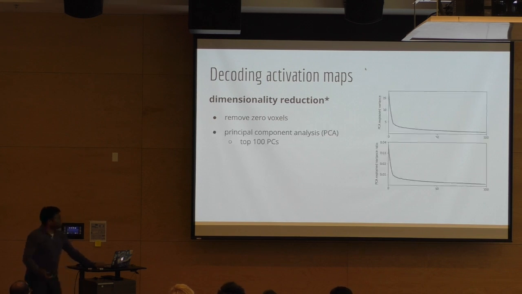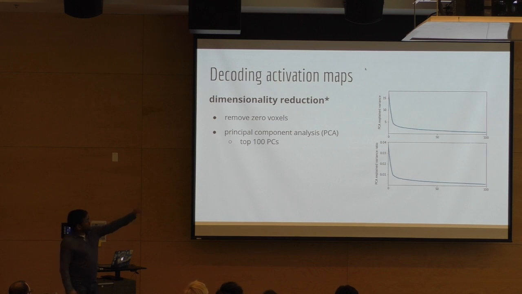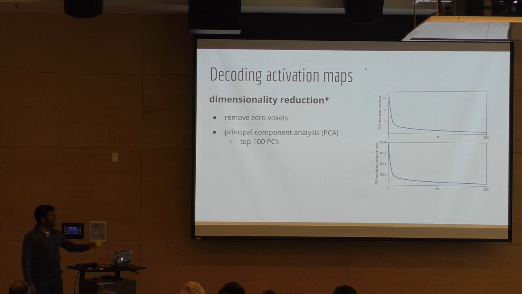And then we did a PCA and took the top 100 principal components, and you can see the variance explained by these components in the maps there. These 100 principal components explain most of the variance in the data. So we use these to fit the training dataset.